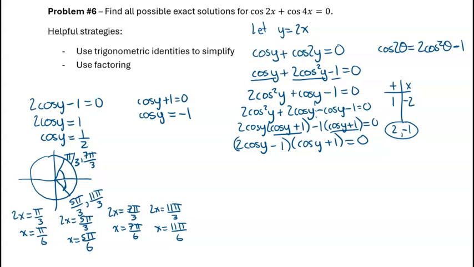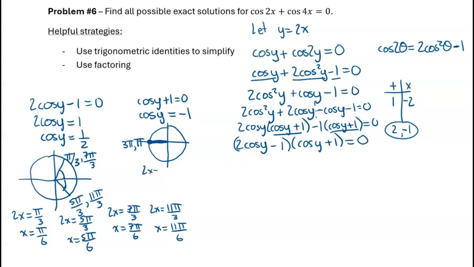We still need to look at this other situation of cos y equals negative 1. So if we look at the unit circle there, when is the x-coordinate equal to negative 1? The x-coordinate is equal to negative 1 right there when we're at pi. But because we're going around twice, because we're solving when 2x is the angle, we have to go around to 3 pi as well.